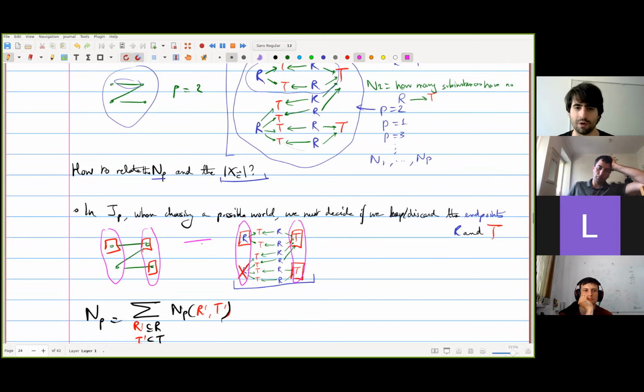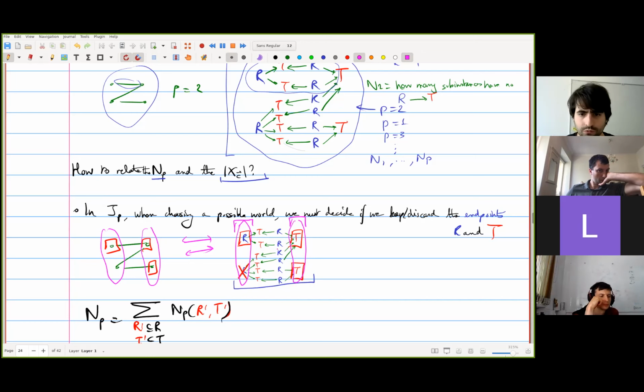So there's a bijection between the subsets of vertices to the left and right and the subsets of kept facts to the left and right on this instance.